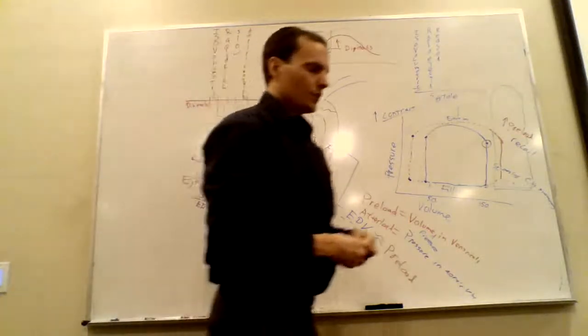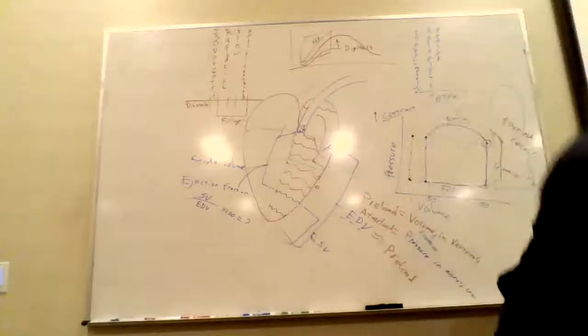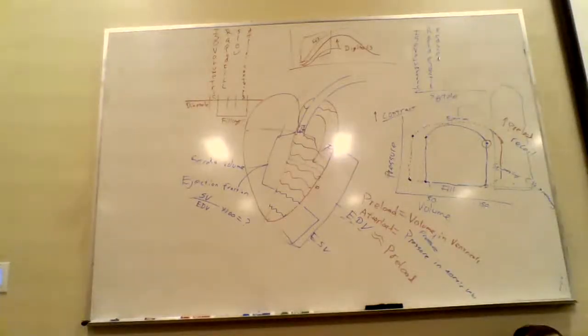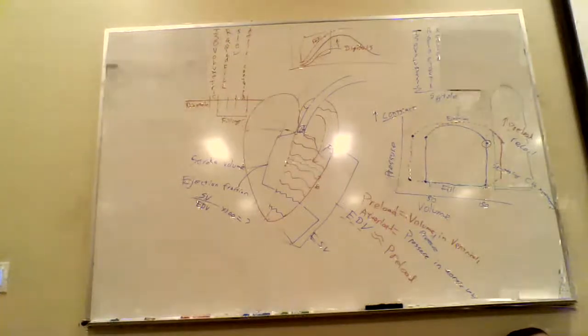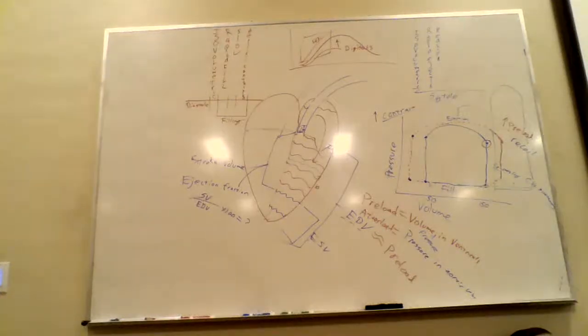So, first off, what is stroke volume? Stroke volume is the actual amount of blood that is moved out of the ventricles when they squeeze. Awesome. All right. Which corner of the pressure volume chart represents the opening of the aortic valve?